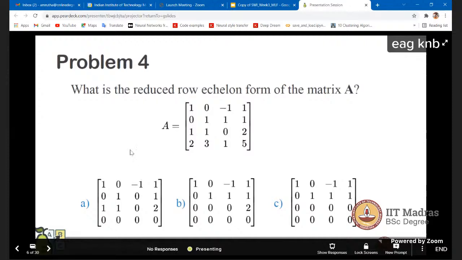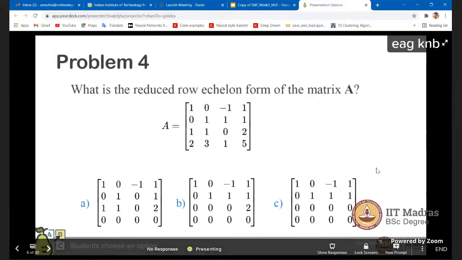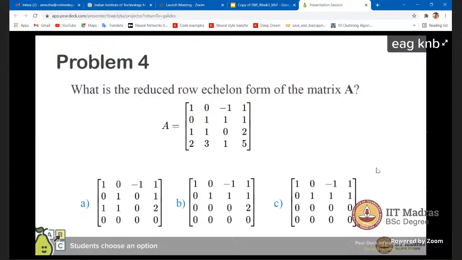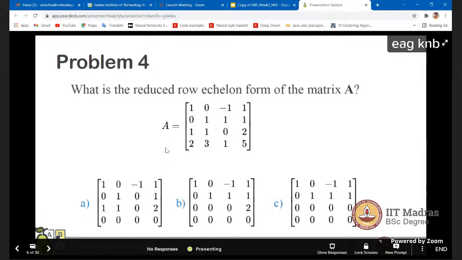I'll give you 2 minutes to work out. Find the reduced row echelon form and pick your choices.